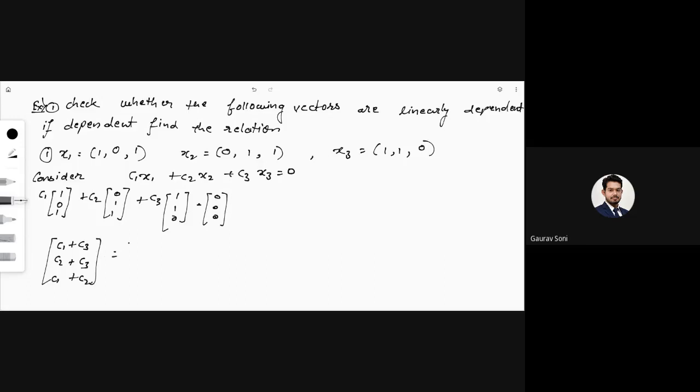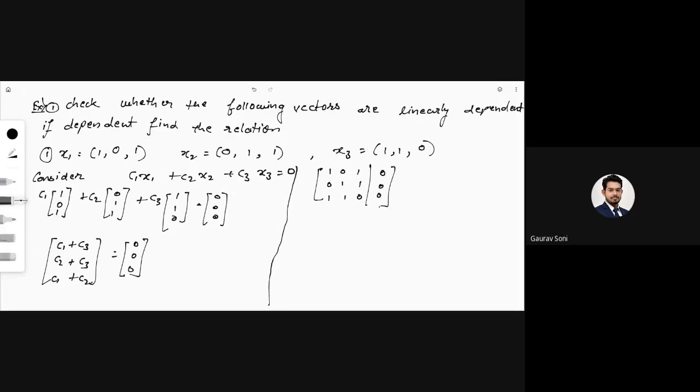So as we can see, what we have here is a system of linear equations. Three equations, three unknowns are there, c1, c2, c3. So our augmented matrix here will be 1, 0, 1; 0, 1, 1; and 1, 1, 0. The right hand side is 0, 0, 0.